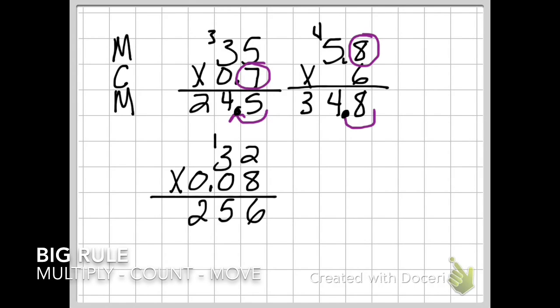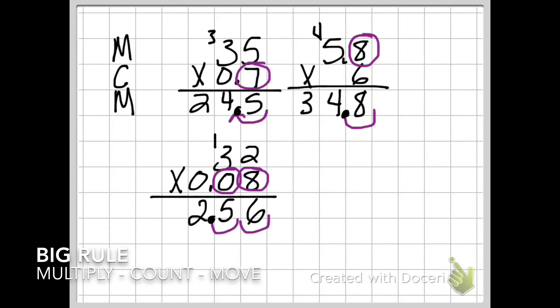Again, 32 is a whole number, so everything is to the left of the decimal point. 8/100, though, is a decimal number, and I see that I have 2 digits to the right of the decimal point. So I would move my decimal point 2 places to the left, and it would go between the 2 and the 5, and I would get 2 56/100.